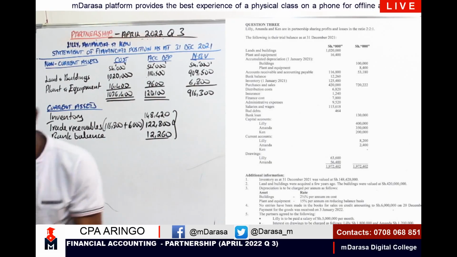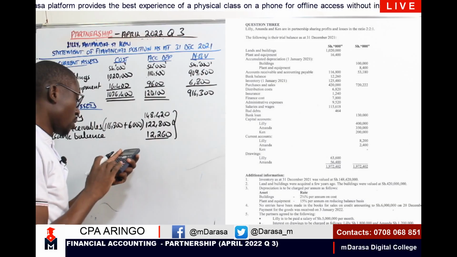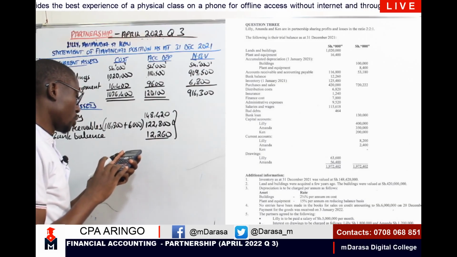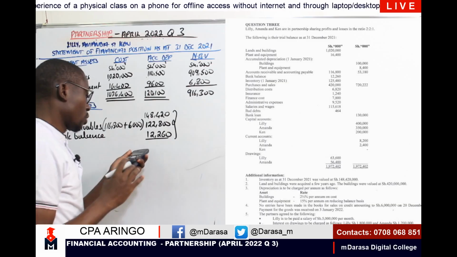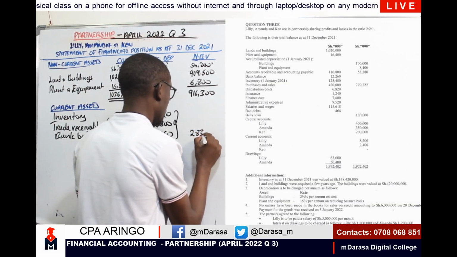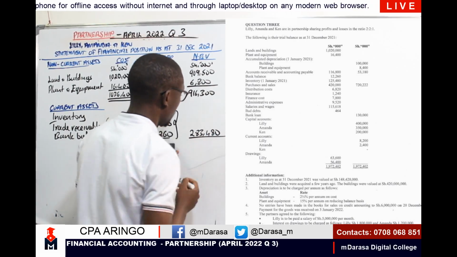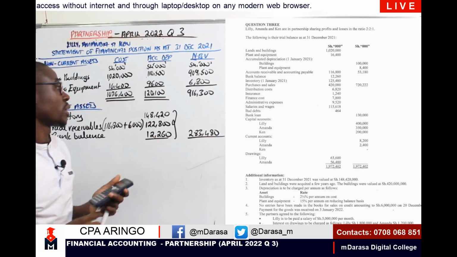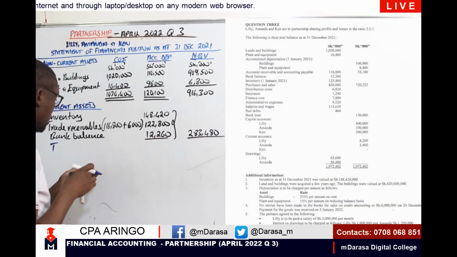So as at the end of the day, if we sum it up, what will we be having as our current assets? We add 148,420, 122,800, and 12,260 to give me a figure of 283,480. So confidently, we can now have our total assets.